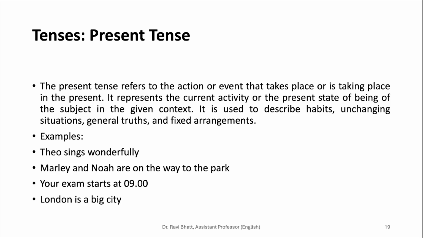Now, I want you all to focus on the last sentence. It is used to describe habits, something that you're habitual of, unchanging situations, something that is fixed, that will always happen in the same manner, general truths that are universally acceptable, and fixed arrangements, an arrangement which is scheduled and which will happen in the given time.